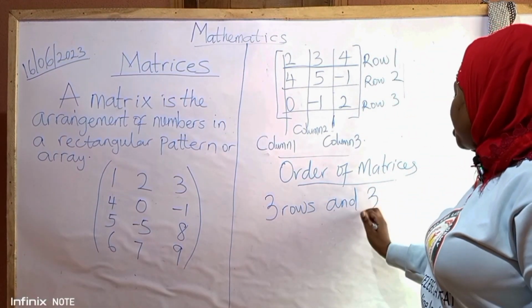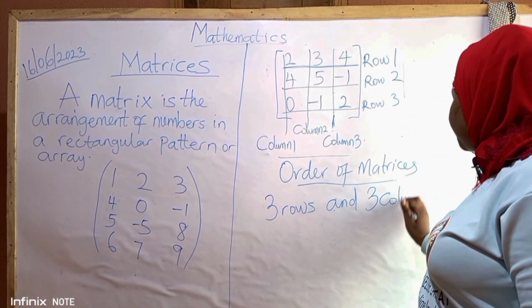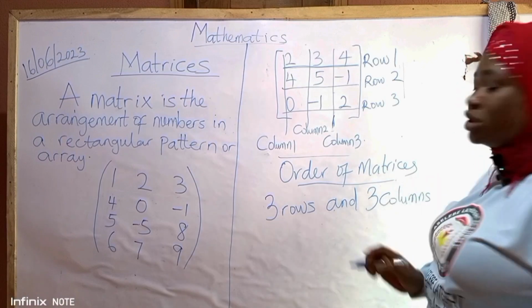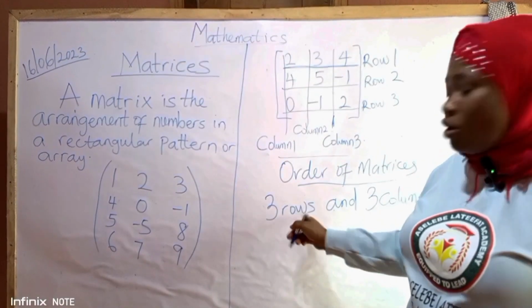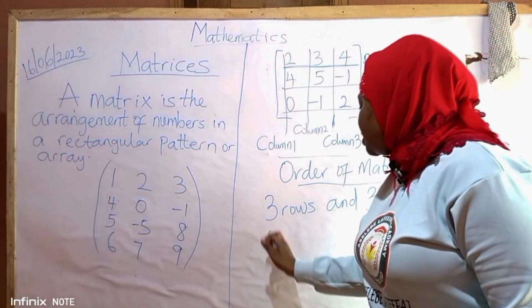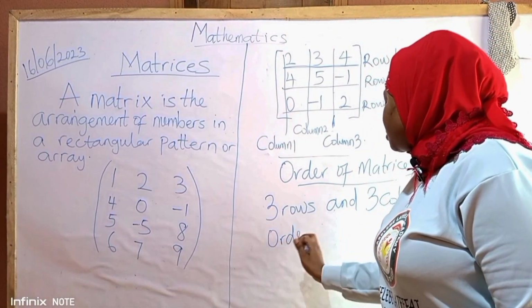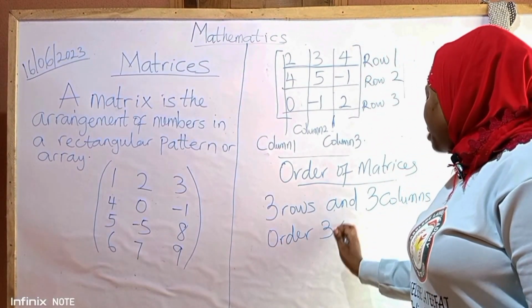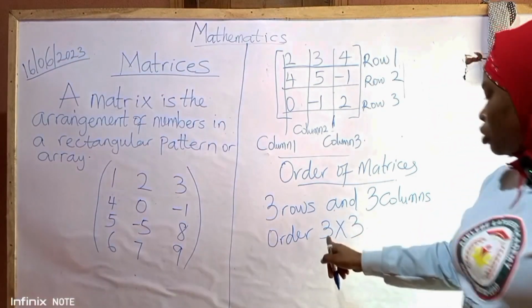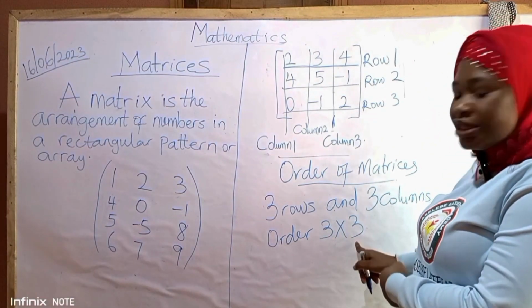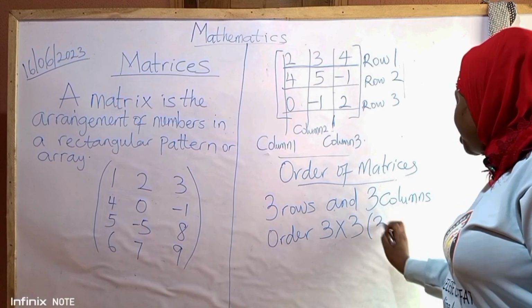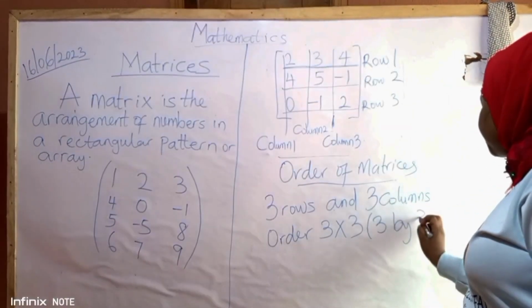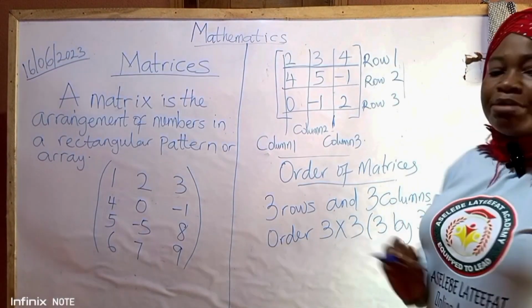It has 3 columns as well. If you want to tell the order of this matrix, you now see that this is order 3 by 3. You write it 3 multiplied by 3, but if you want to read it, you say 3 by 3. So this is order 3 by 3.